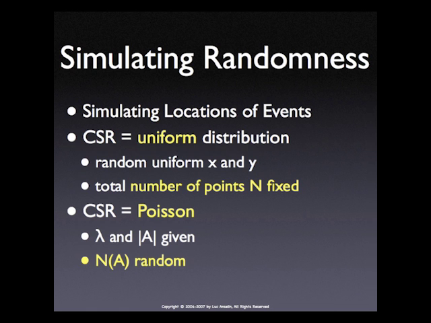It's a distribution, so you don't always get the same result if you draw from the same distribution. If you draw from a standard normal with mean 0 and variance 1, you don't always get 0. You can get 3 and minus 4 and 1 and plus a half. These are all different outcomes. Same way here, if you let the Poisson uncertainty really work, you will get a different total number of points each time you draw from this distribution.